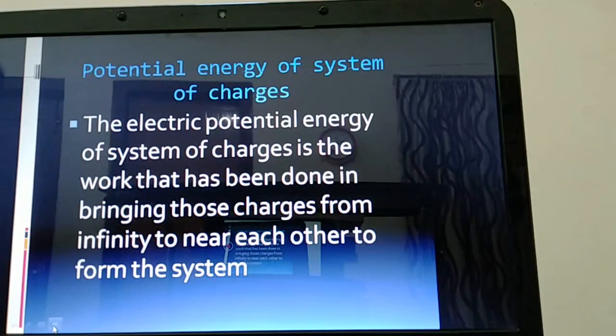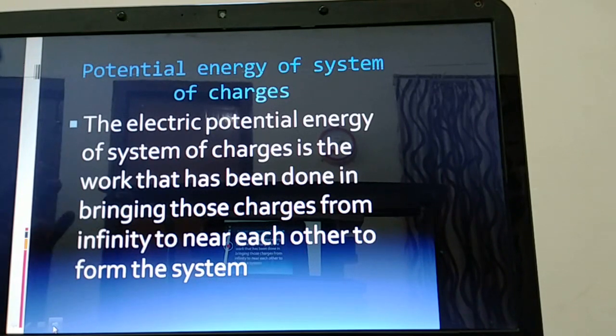The electric potential energy of a system of charges is the work that has been done in bringing those charges from infinity to near each other to form the system.